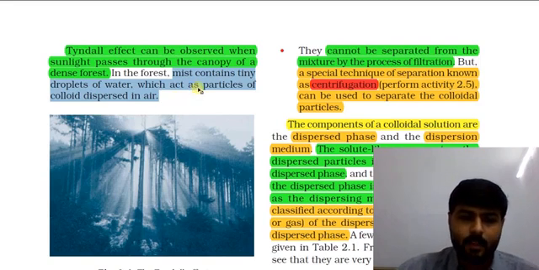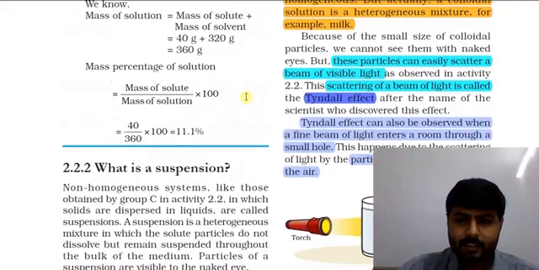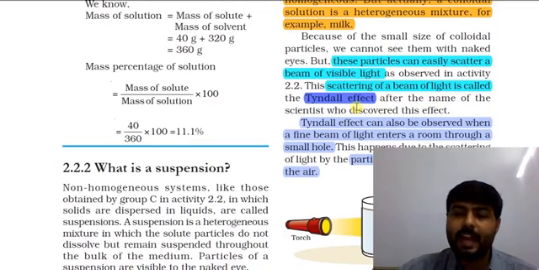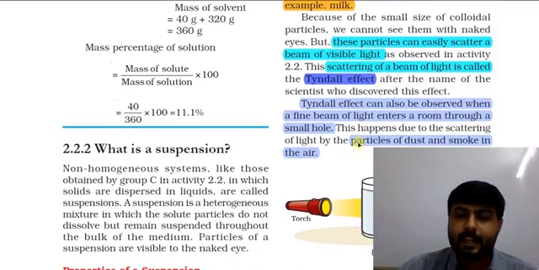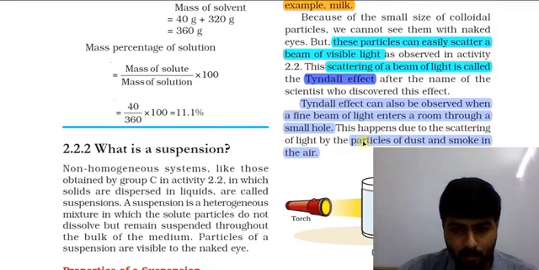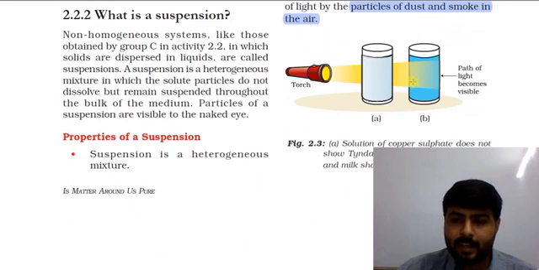So we have seen what the Tyndall effect is. The particles can easily scatter the beam of light, and the scattering of a beam of light is called the Tyndall effect. We can observe the Tyndall effect in a room when a fine beam of light enters the room, due to particles of dust and smoke. We can also observe it if we pass a light ray through a mixture of water and milk.